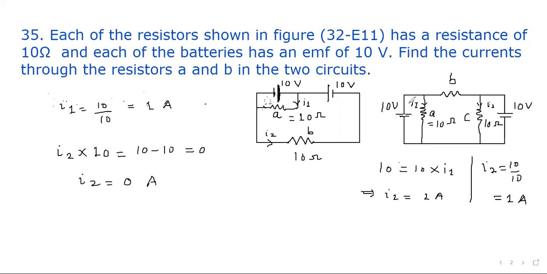Now, if we consider this outer loop, suppose the current is I3. The total voltage in this outer loop will be equal to 0, so I3 will be equal to 0.